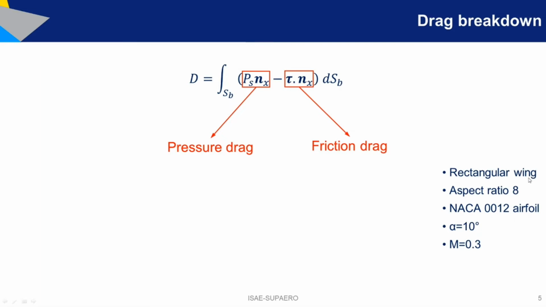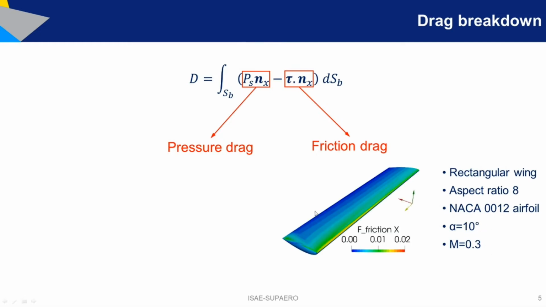To understand what's behind this breakdown, let's take into account the case: a rectangular wing with aspect ratio 8, NACA 0012 airfoil, at 10 degrees and Mach 0.3. This is CFD data that you can actually find on our Epsilon website.